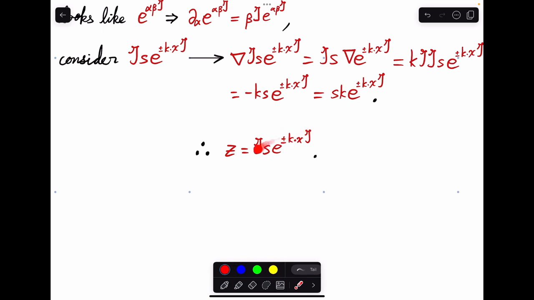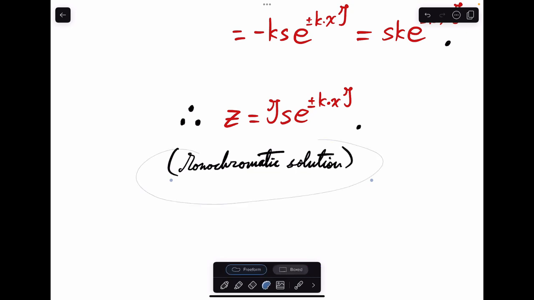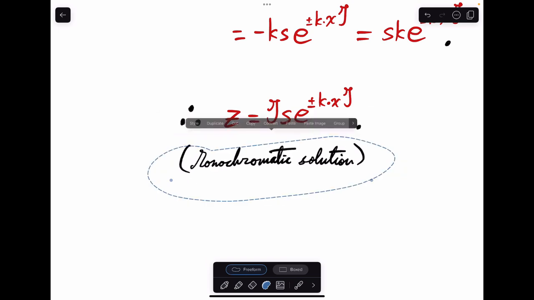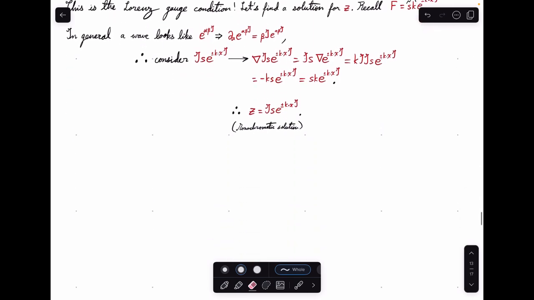And because there's only one present, this is called a monochromatic solution. So then let's look at polychromatic solutions.